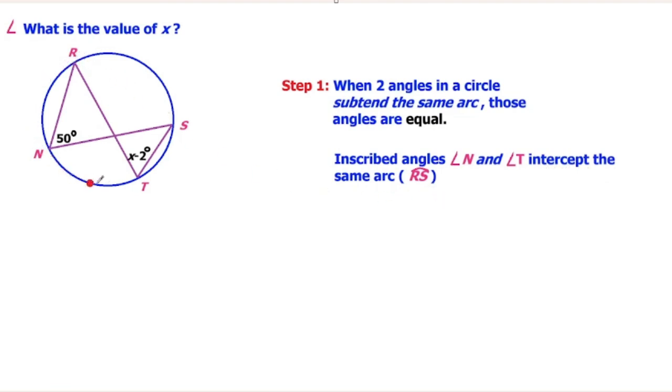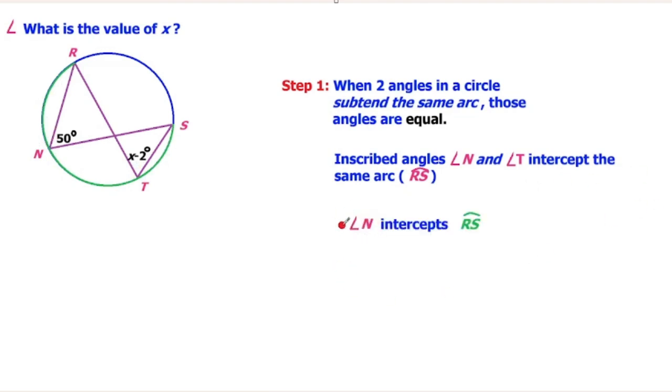So RS, if we go all the way around, you could see in green here. So they intercept this arc, the same arc. They intercept here and here. So that would mean that those angles are equal.